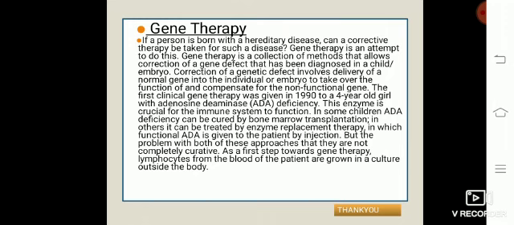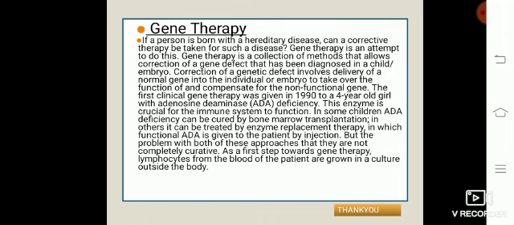But in both approaches, the patients are not completely cured because they do not have functional T lymphocytes. They cannot produce an immune response, because T cells produce the immune response against invading bacteria and viruses. These are the pathogens that cause diseases in human beings.